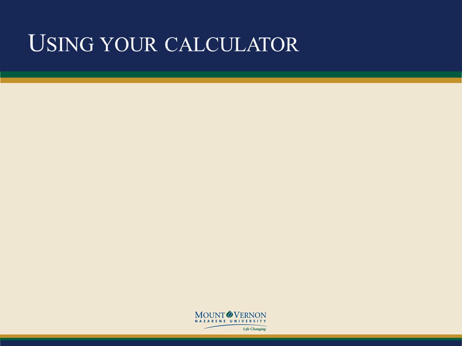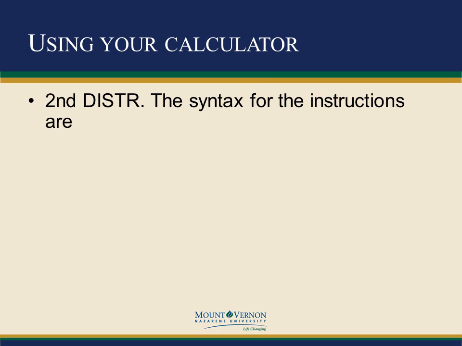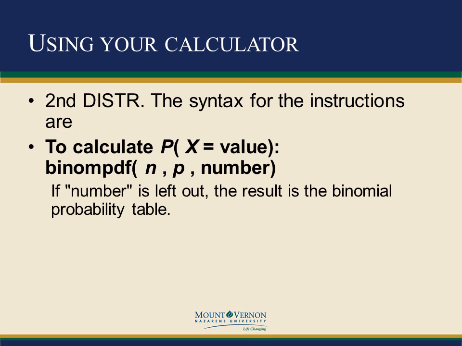When we do the calculations on our calculator, we're going to use this distribution key, and you can find this in a separate video. But here's the syntax. To calculate the probability that a binomial random variable will take on a particular value, we use the binomPDF. If you go to your calculator and use second distribution, or DISTR, you will find that there are two binomial listings.